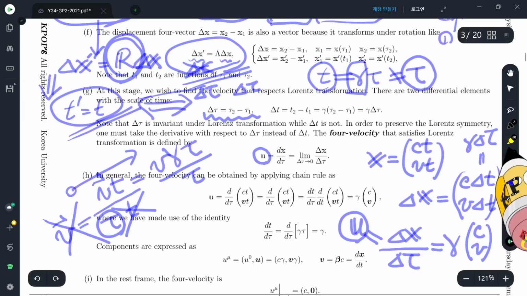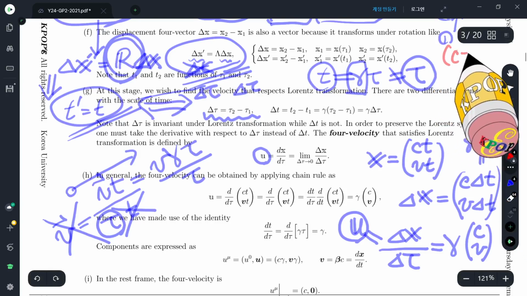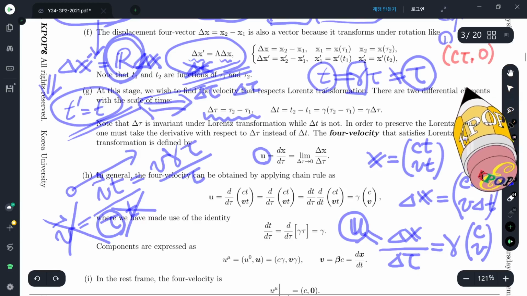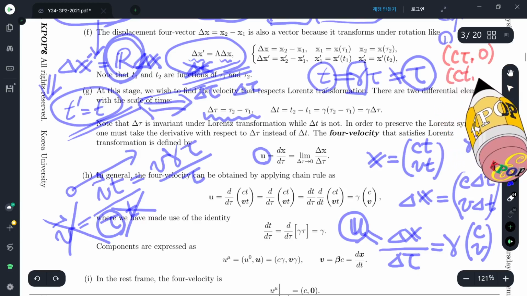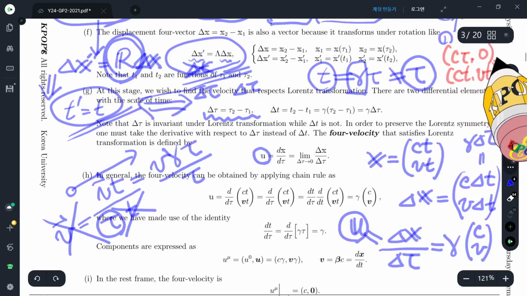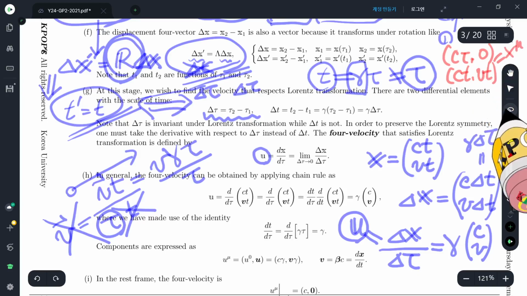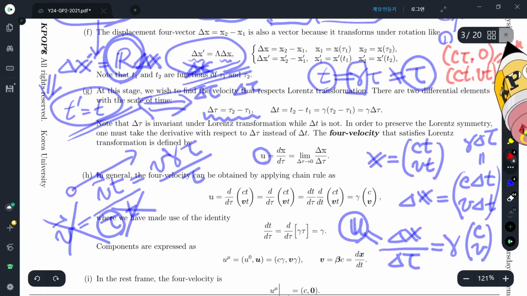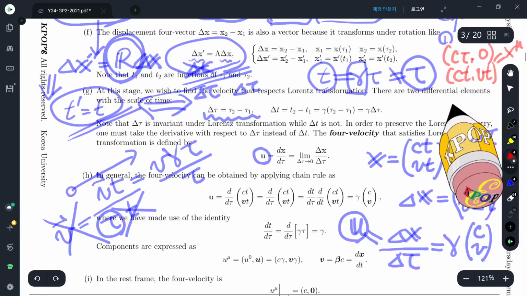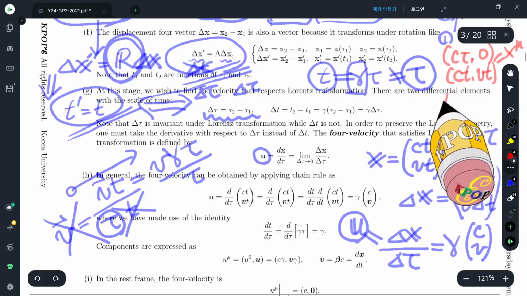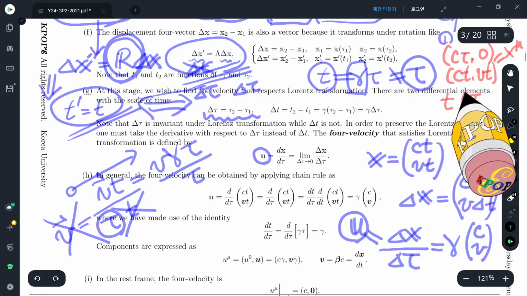We remember the c tau, 0 boost to have c t, v t. This is the general form of 4 displacement, and the general form of the 4 velocity is the derivative of the 4 displacement with respect to not t but tau.